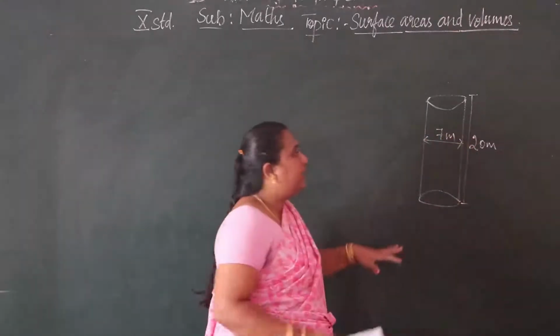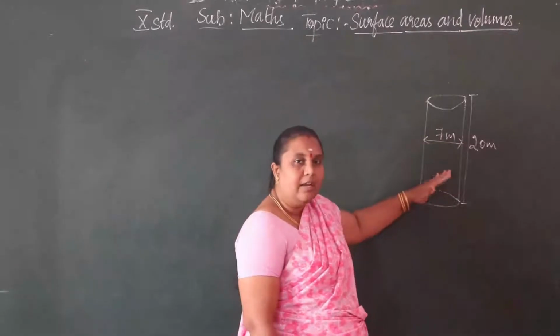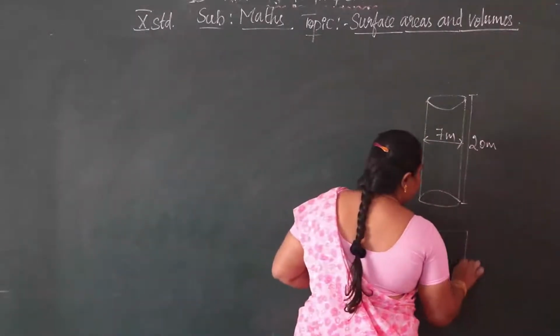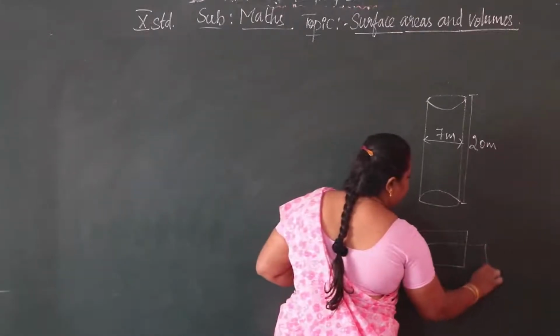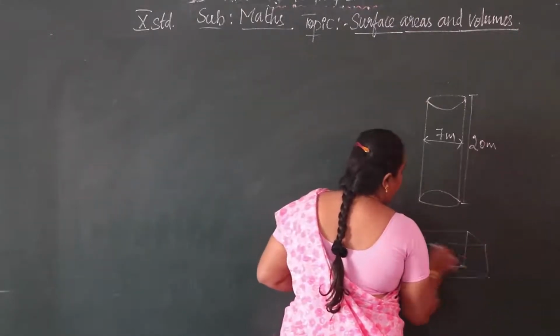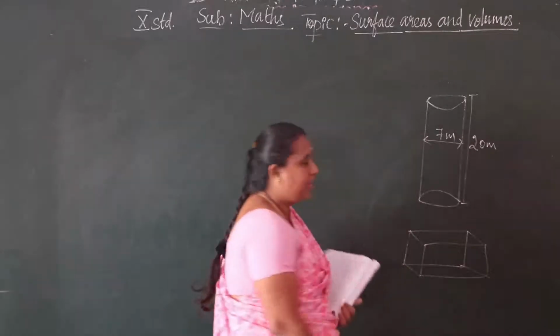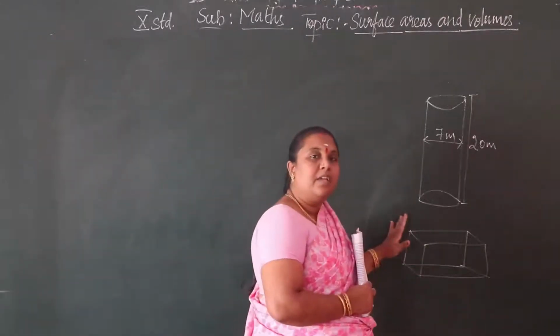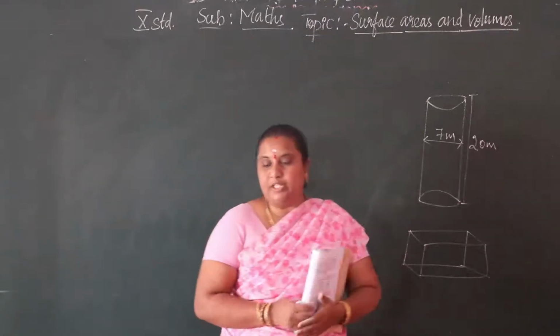So this is dug out to form a platform. The platform is in the shape of a cuboid. We can't draw the exact platform, so we have to take a cuboidal shape, any cuboidal shape.